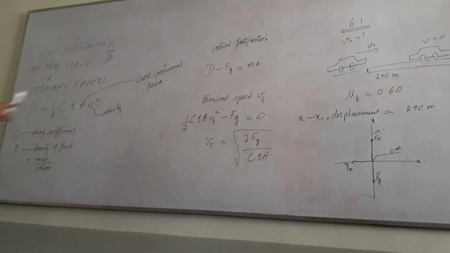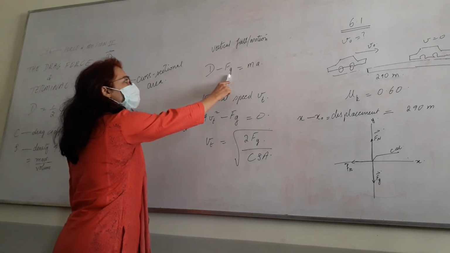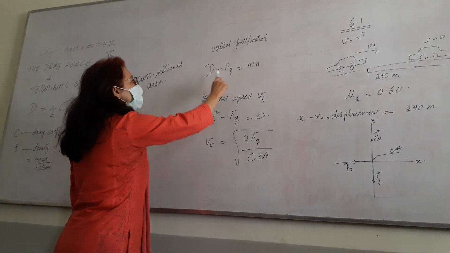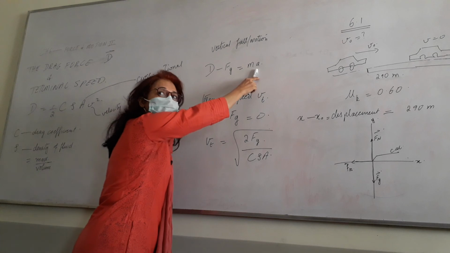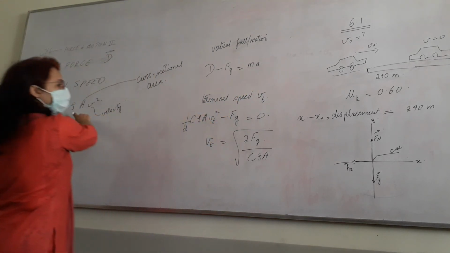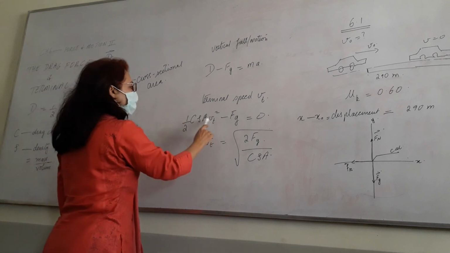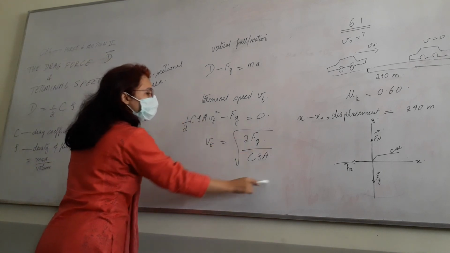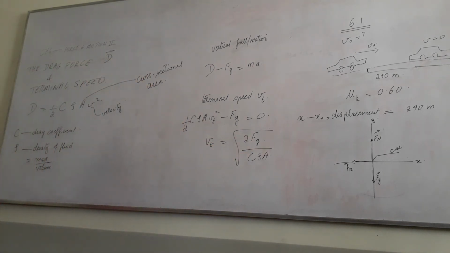Here, when D becomes equal to Fg, it means D minus Fg is equal to 0, right. So, you put the value of D from this equation and you can then find the value of Vt, which becomes this. So, this is the equation for the terminal speed.